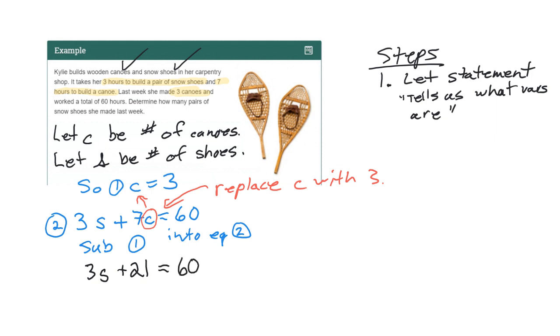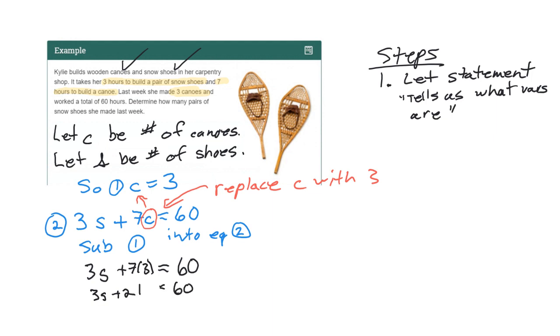Now, how did I get 21? Let me explain. When we did the substitution, all that means is we have 7 times 3, don't we? So now we have 3S plus 21 equals 60.